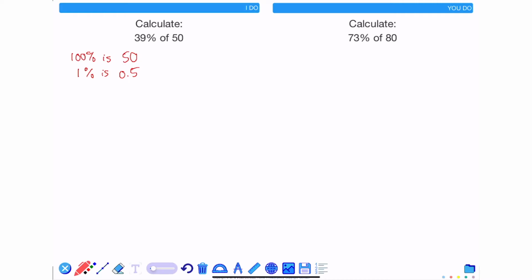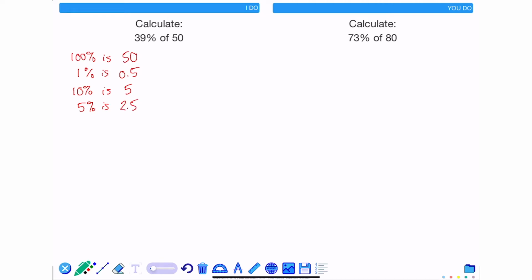So some other useful percentages that I could work out would be 10%. Well, 10% is 10 lots of 1%, so that would be 5. And 5% would therefore be half of this number, so 2.5.